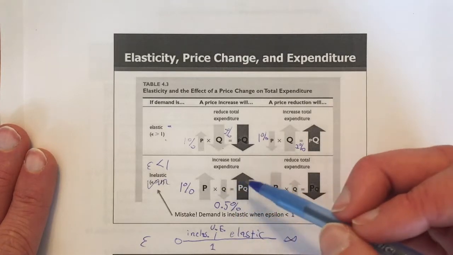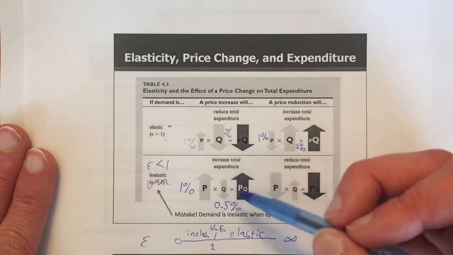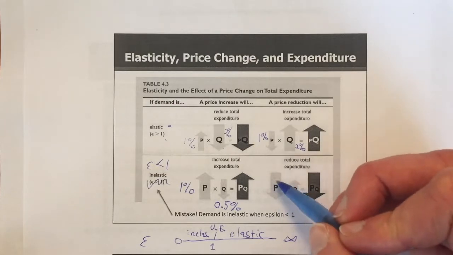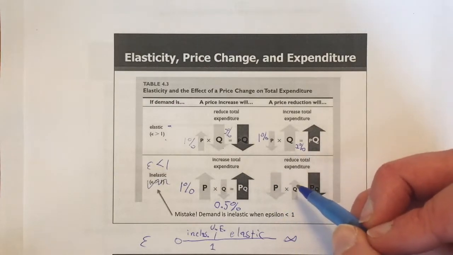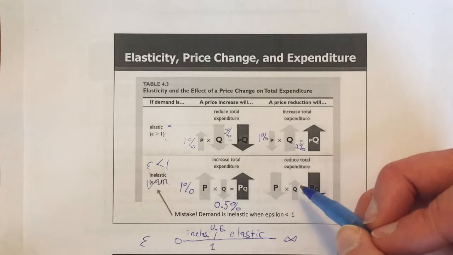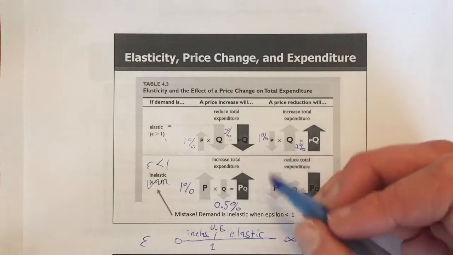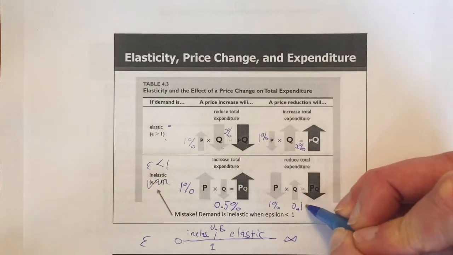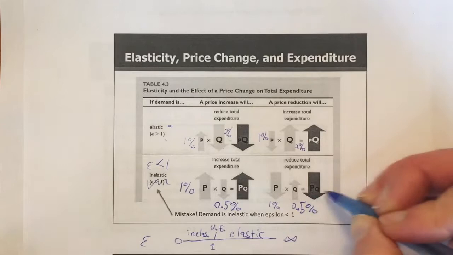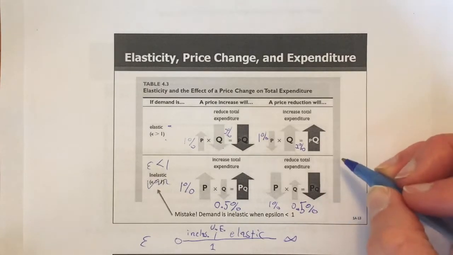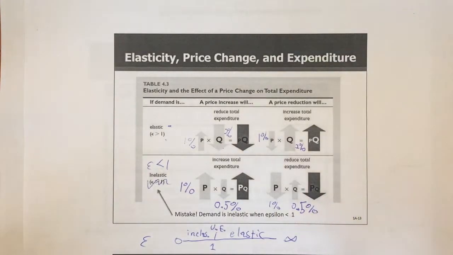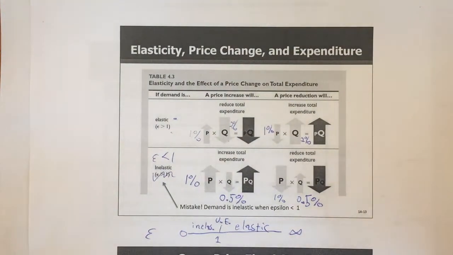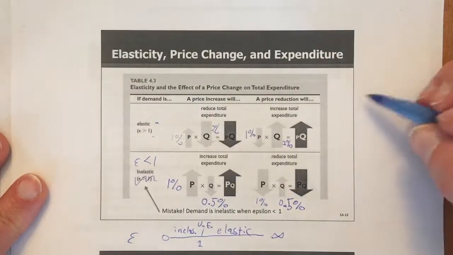So the net, P times Q, is going to result in a higher number for total expenditure. And then similarly, a 1% decrease in price would result in an increase in quantity demanded, but if the good is inelastic, so again, a 1% decrease and a 0.5% increase is going to result in total expenditure decreasing. So those are the main ideas of the price elasticity of demand.